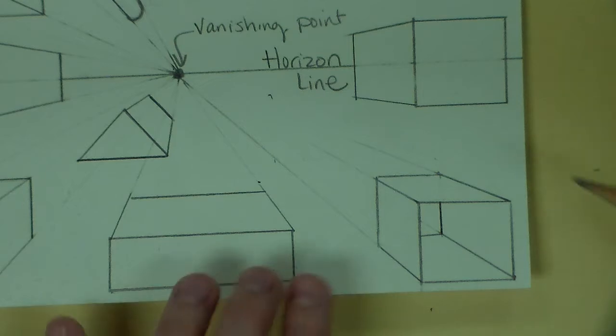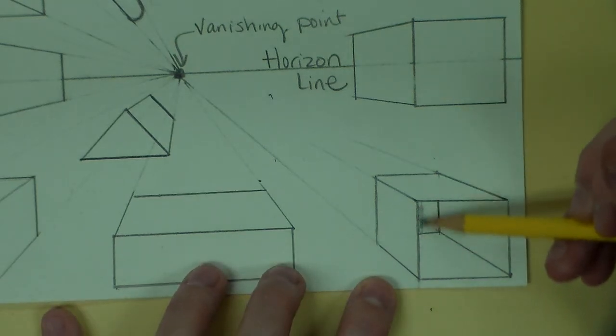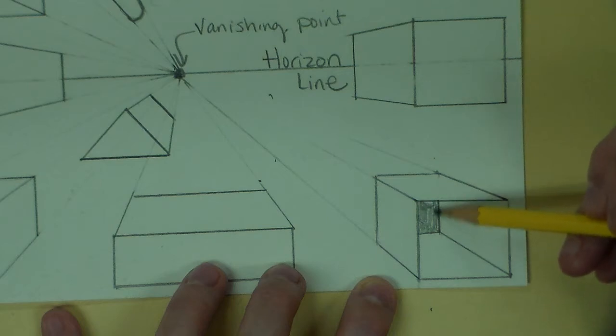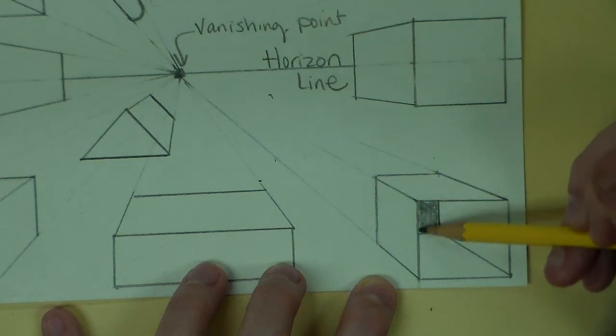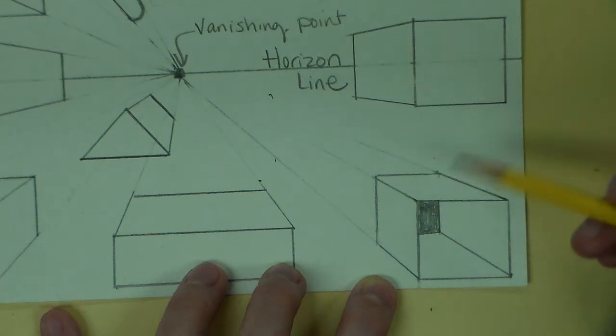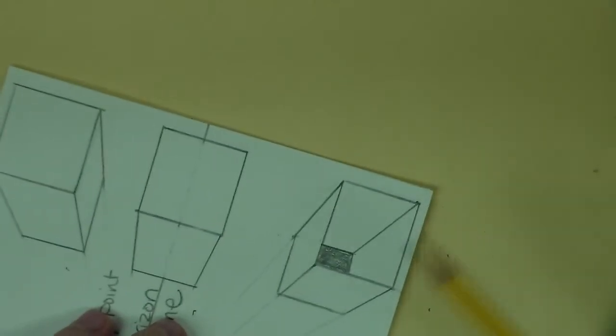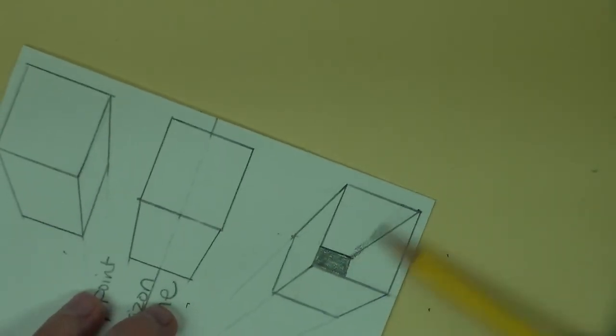Remember, value is always a good helper when it comes to making things look three-dimensional, adding depth and dimension. So I can go in and shade in my box, the inside of it. I can shade the sides in lightly.